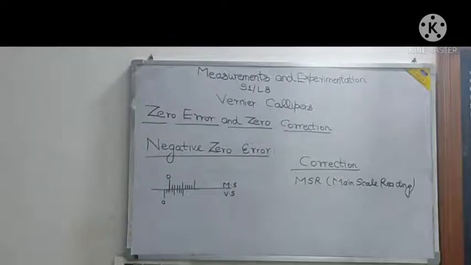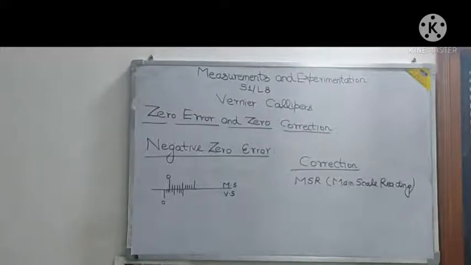Imagine the main scale extended to the negative side, that is the left of 0. If the zero of vernier scale is right on the first negative of the main scale, then the main scale reading is n equal to -1. That means -0.1 centimeter. If the nth vernier scale division coincides with any MSD, then zero error equals n plus n into VC, which comes out to be negative.